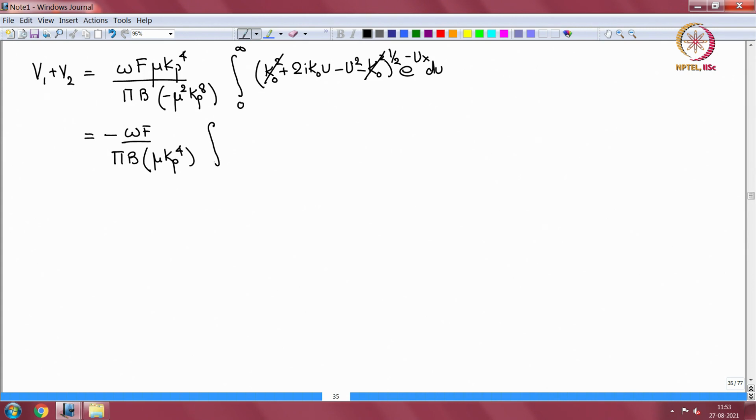integral 0 to infinity of the square root of twice i k0 u minus u squared, e to the power of minus ux du, and for small values, u is tending towards 0.